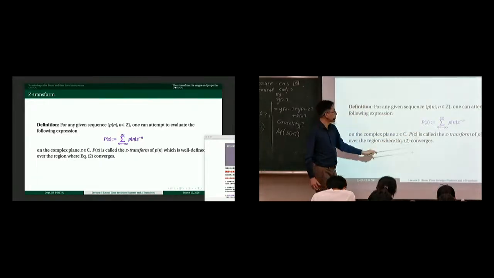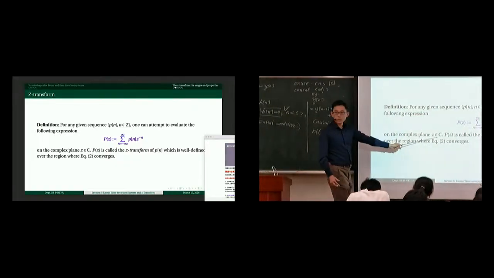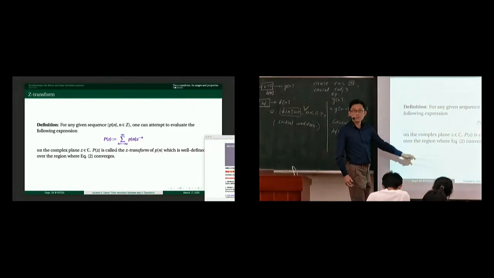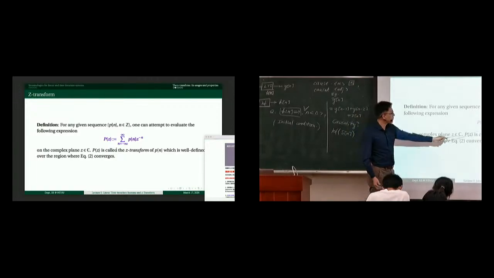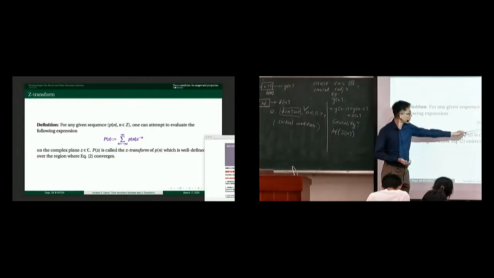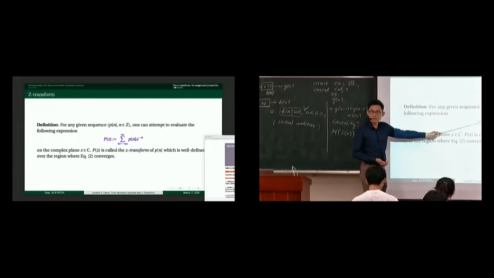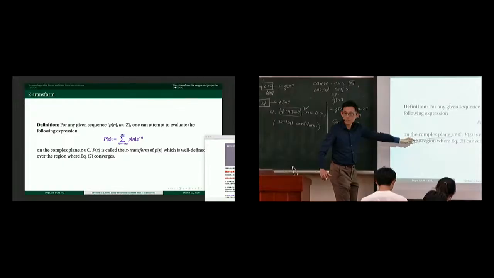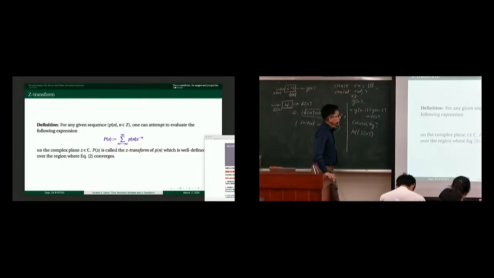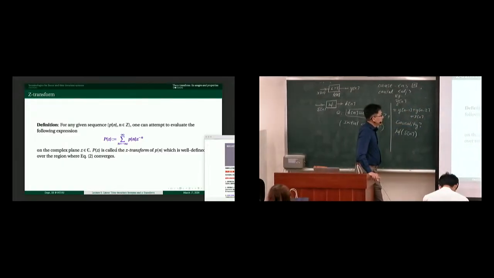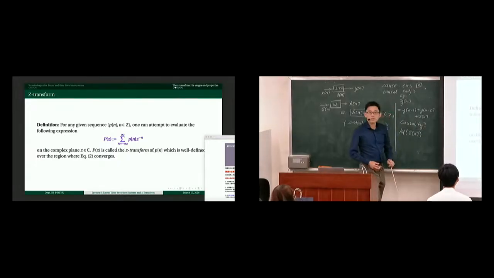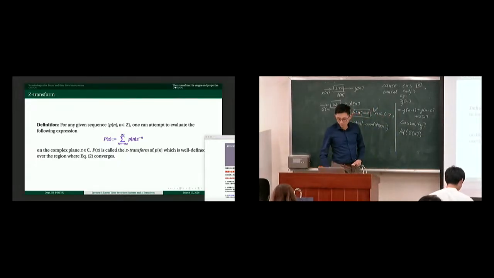Okay, Z in the complex domain. This transforms your sequence or your signal, should I say? You transform any given signal to a complex function, a function defined on the complex plane. Z is the complex plane. Okay? Then this is the notion of Z transform.